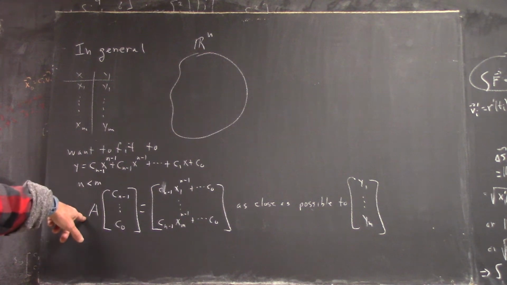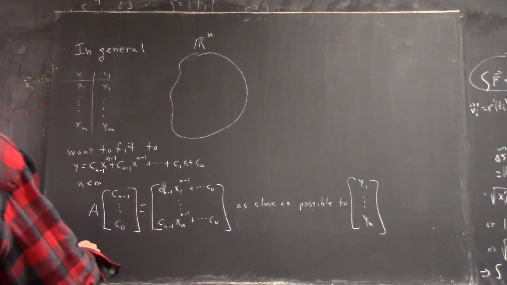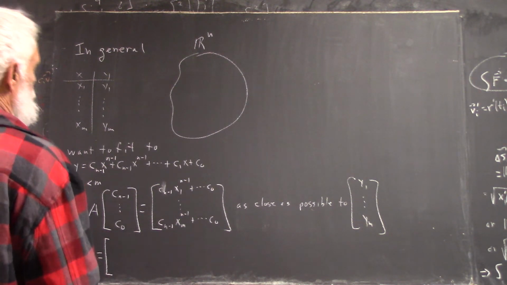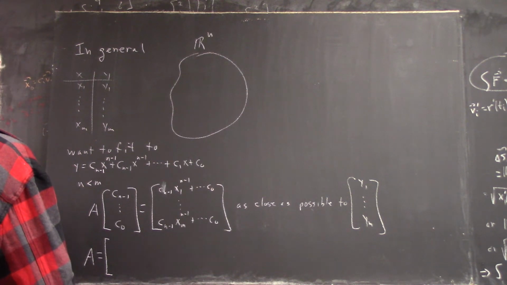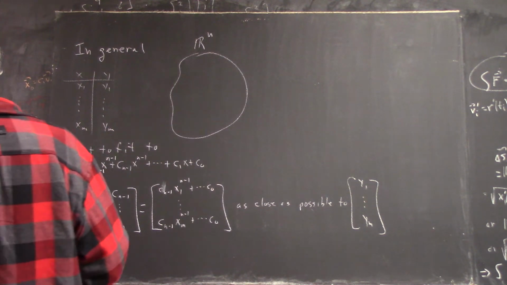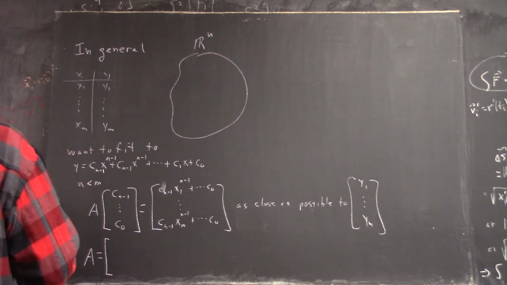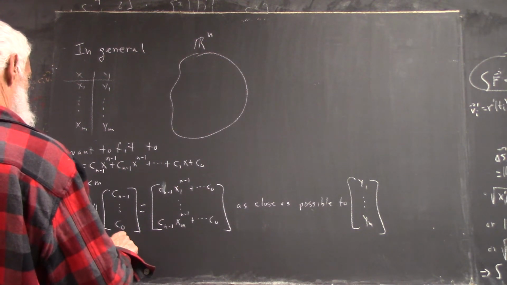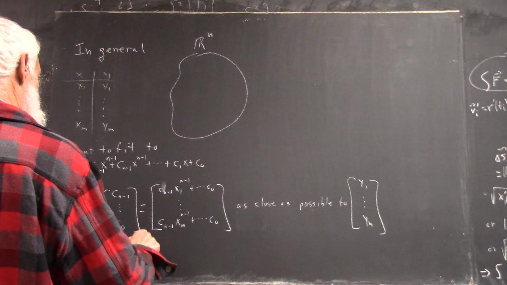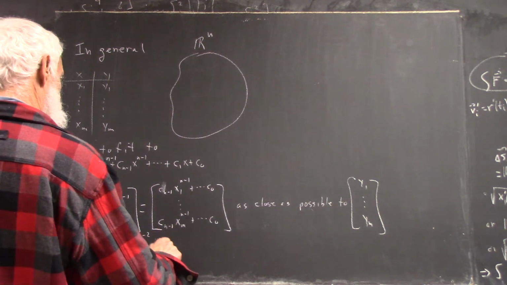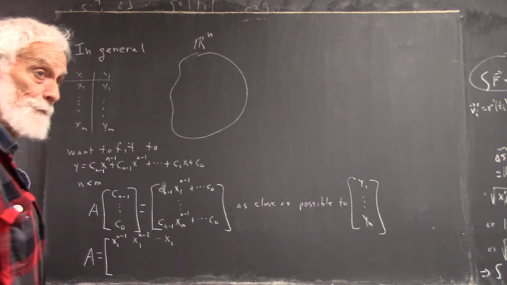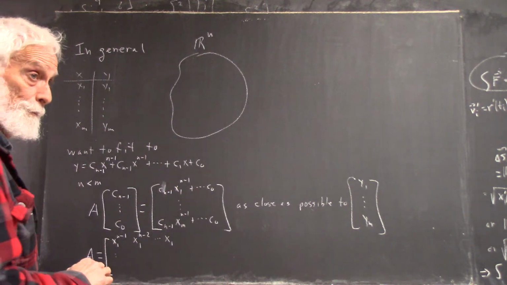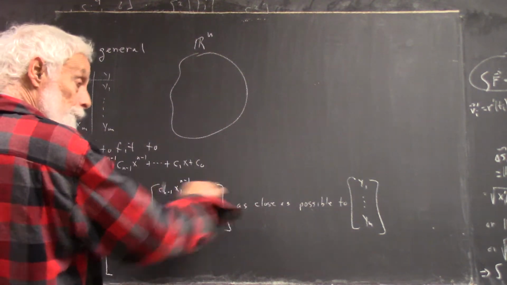So we have our A. We know what our A matrix is. In this case, A equals, being careful, x1 to the n minus 1, x1 to the n minus 2, down to x1, so that we get this, because we multiply this row by this column, this is what we get.